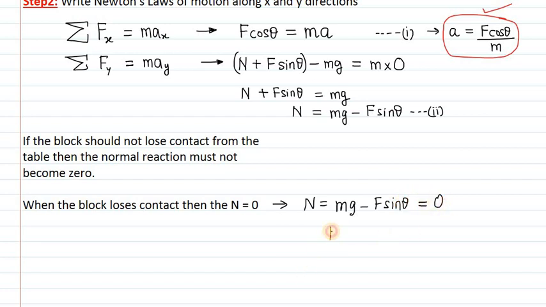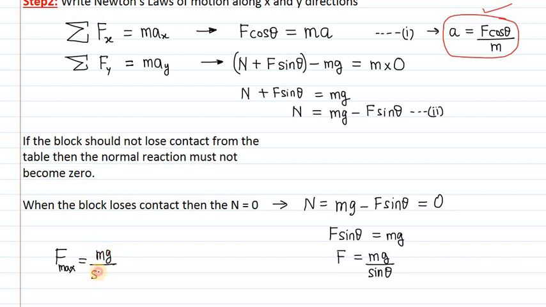So therefore we'll get F sin theta is equal to mg, or you can say F is equal to mg divided by sin theta. That means this is the value of the force at which the body will lose contact. Therefore we can say that the maximum amount of force that we should apply is mg by sin theta.